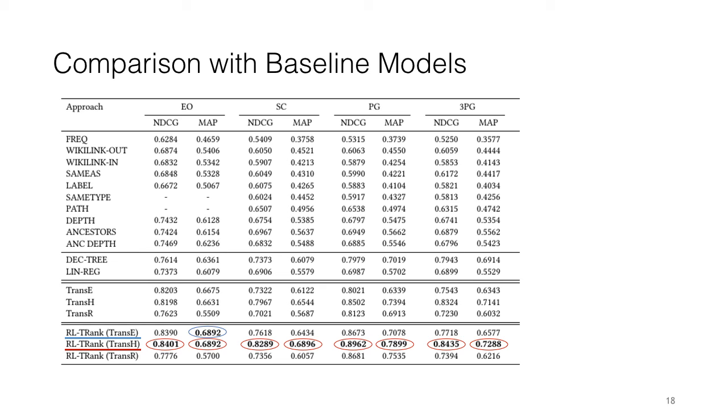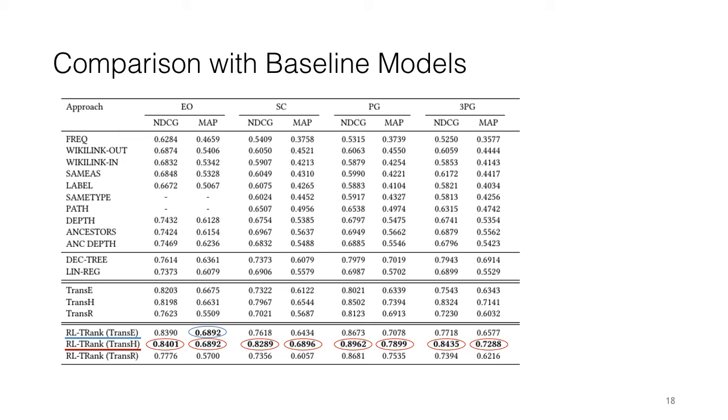For the RLT rank model, it captures both the structure and the probabilistic information of the knowledge graph, and the proposed RLT rank with TransE and TransH obtained better results compared to RLT rank with TransR.